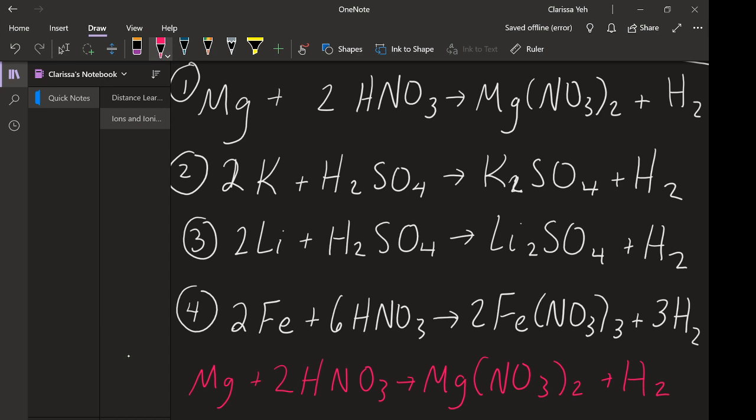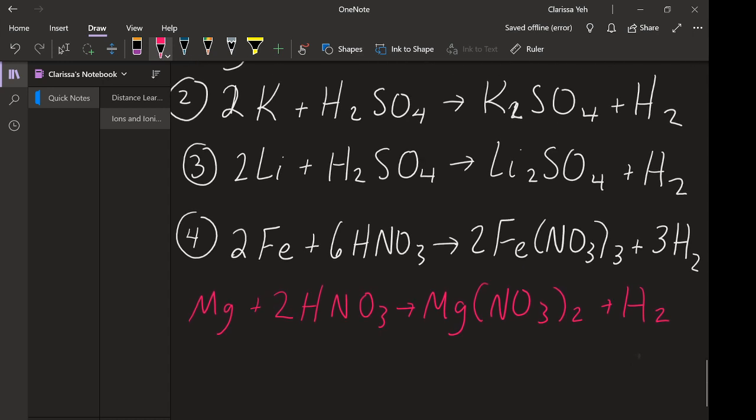All right. Split up the compounds. I have a compound here, and I have a compound here that I'm going to split into its charged ions. Everything else will be the same.